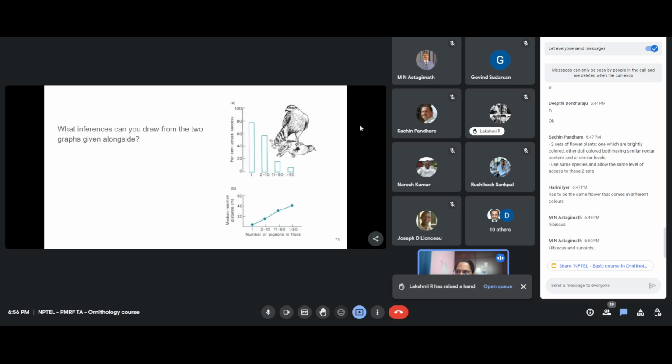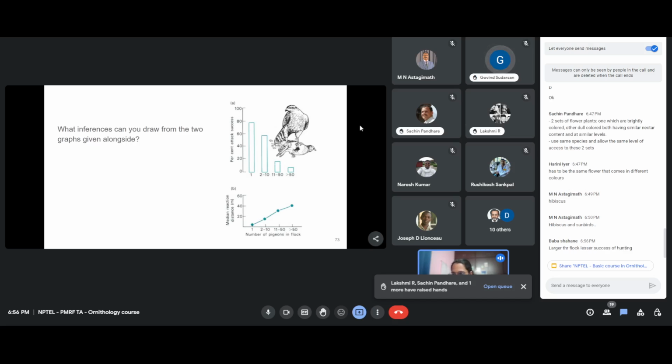Lakshmi, I'm going to wait for another minute. Okay, anyone apart from Lakshmi, Govind and Sachin? You can please feel free to use the chat box also.